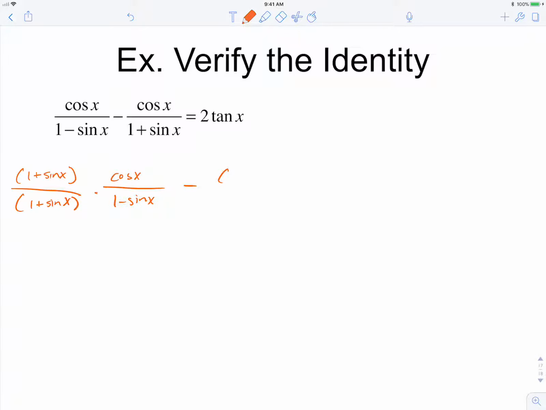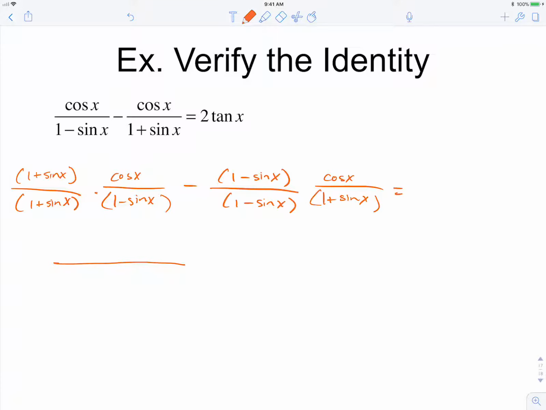And the second fraction by 1 minus sine over 1 minus sine. Okay, so our denominator is actually going to be a difference of two squares.